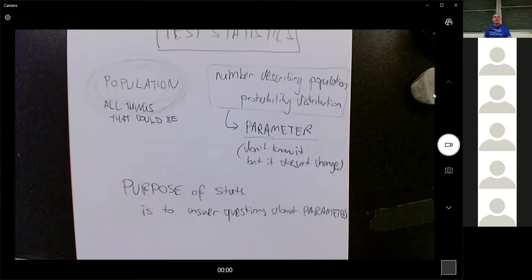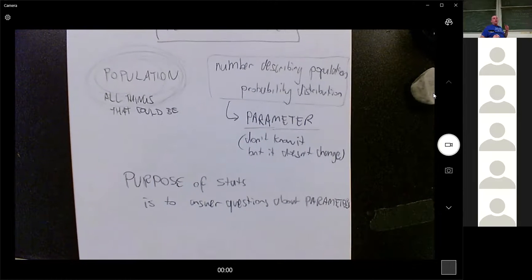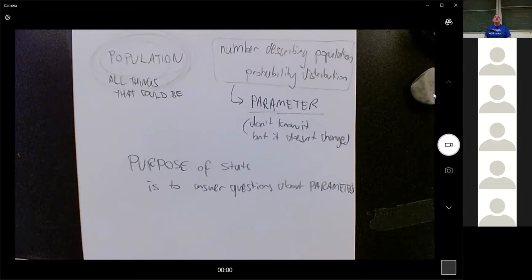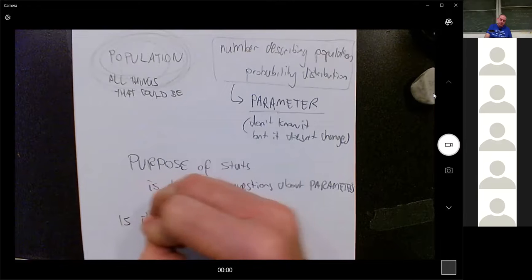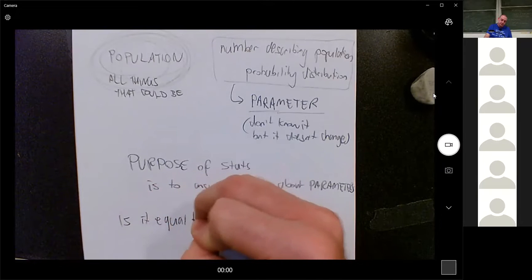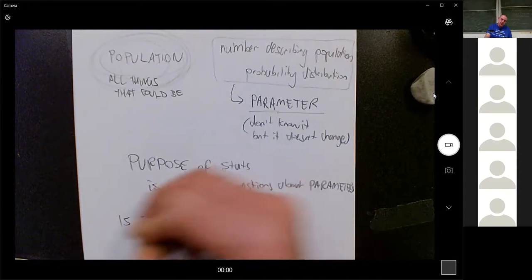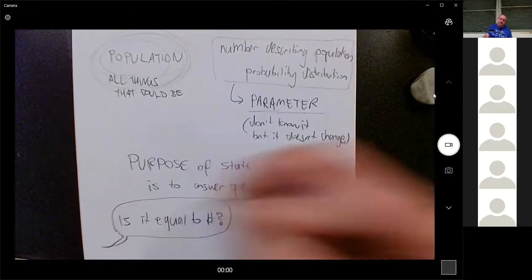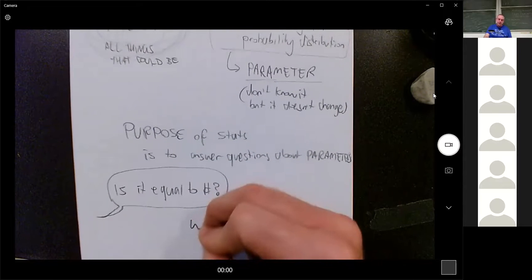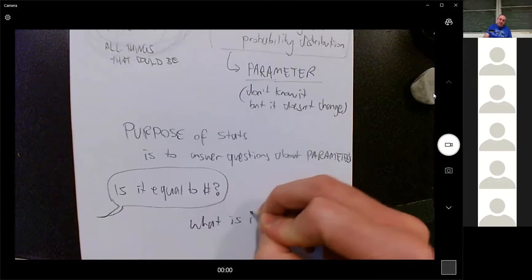And there are two kinds of questions you can ask about a parameter. There is, is it equal to this number? Or there's, what is it?